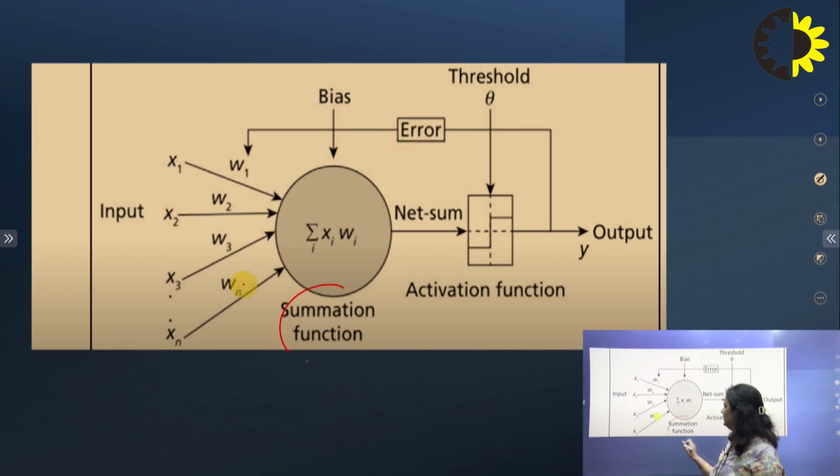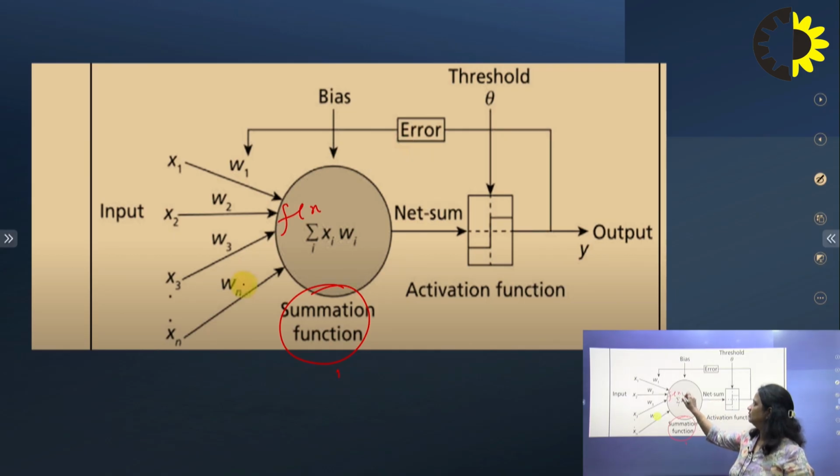Now we discuss the term summation function: x1 w1 plus x2 w2 plus x3 w3 plus xn wn. This is a summation function, the total input that we collected. Now the net sum, through this formula f(x) is equal to the summation of xi and wi, we will calculate the net sum.